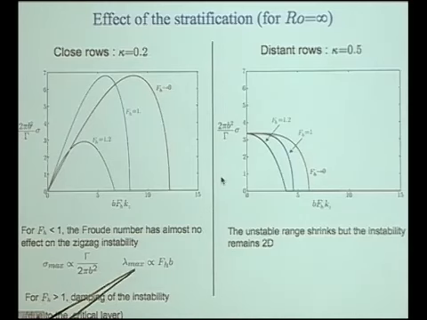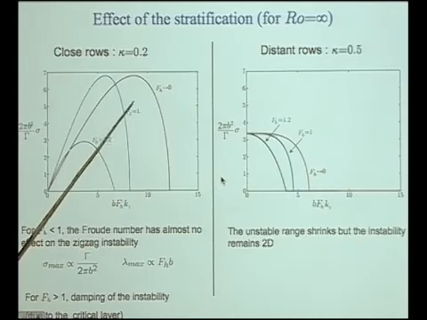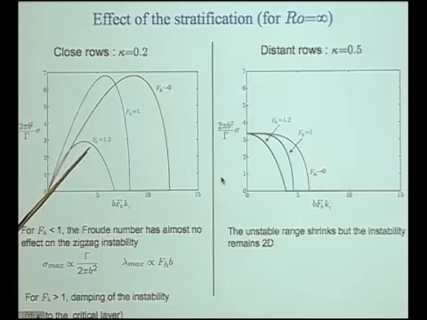This shows that the maximum growth rate is proportional to the strain, because here it has been scaled by the strain. And this shows that the most amplified wavelength scales as the Froude number times b, the separation between the vortices, since here the wave number is scaled by b over Fh.